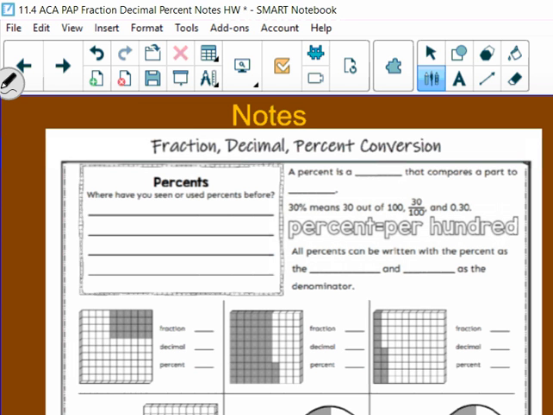So where do we see percents in the real world? Let's start raising our hands. Emily. Okay. 50 percent of a pool amount, I guess. That's the way to put it. Peyton. Statistics.